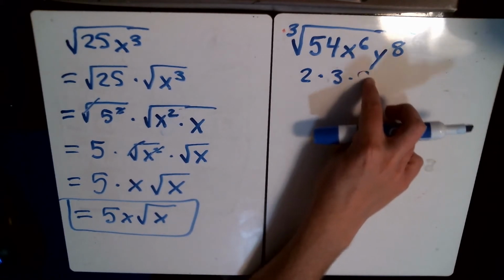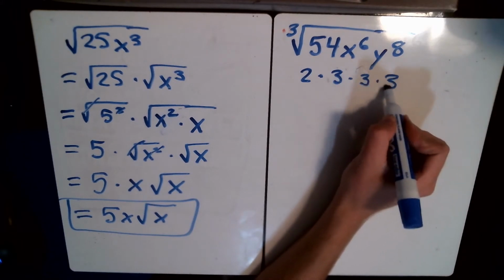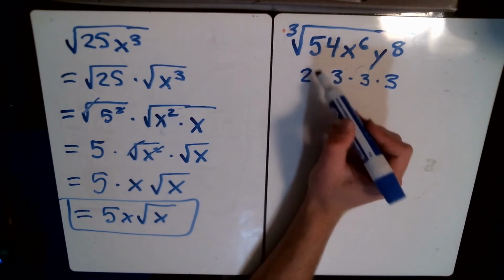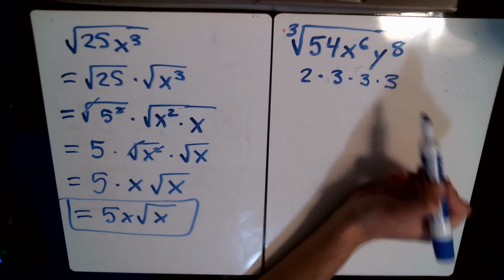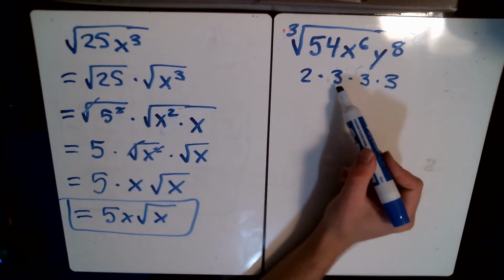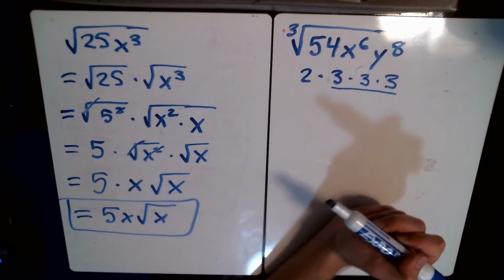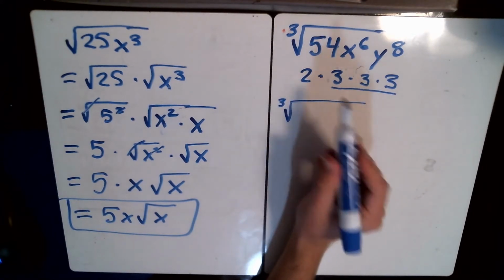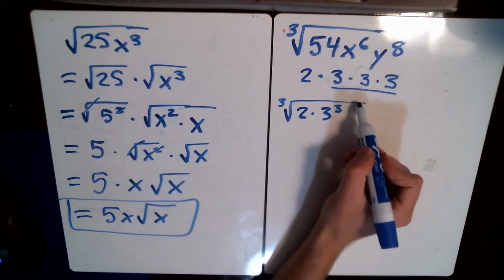Well, 9 has 3 and 3 in there, right? So I just rewrote that 54. 54 is the same as doing 2 times 3 times 3 times 3, okay? And why did I want to do that? So that I could see a perfect cube right here. We've got 3 3s, okay? So I'm going to rewrite that first thing as 2 times 3 cubed there, okay?